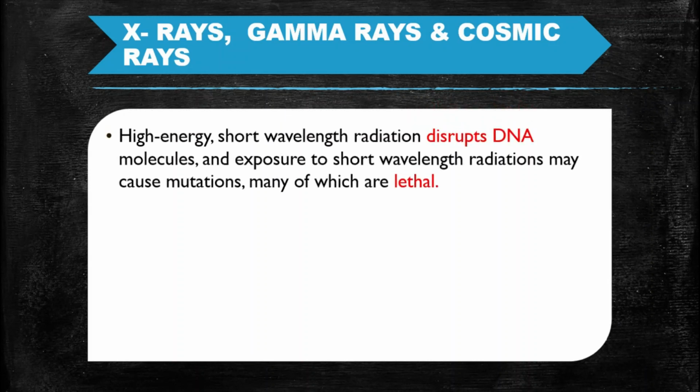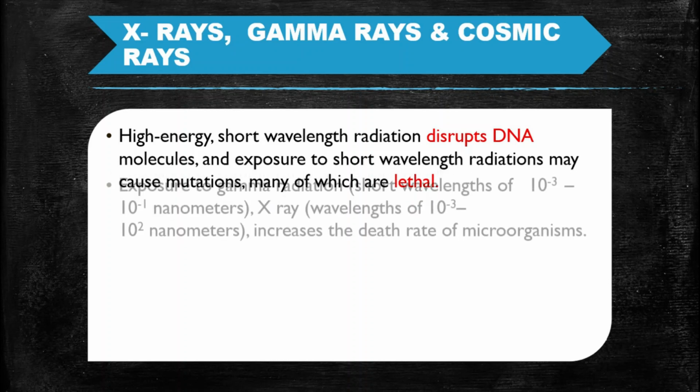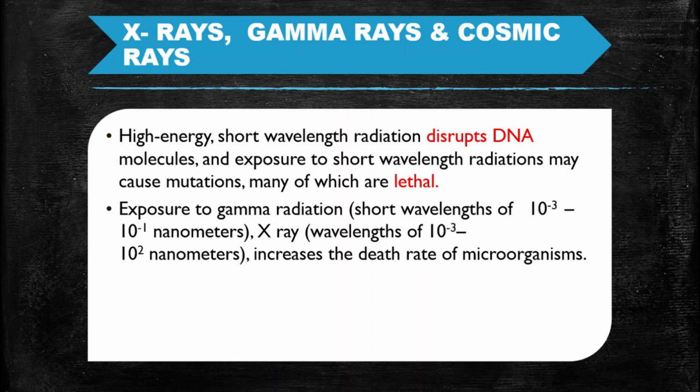In this case, the high energy and short wavelength radiation disrupts the DNA molecules, and exposure to the short wavelength radiations may cause mutations, many of which are lethal to the microorganisms. So this is the mechanism of action. It is also interfering with the DNA, and it mainly results in mutational changes in the bacterial cell, and these mutational changes are generally very lethal to the bacteria, and that results in the killing effect.